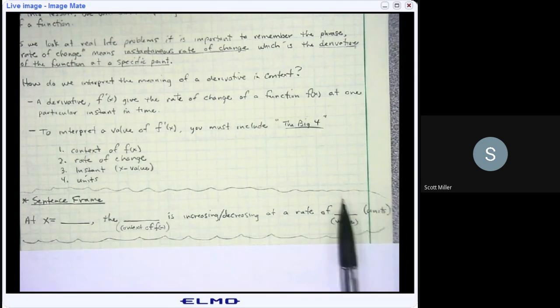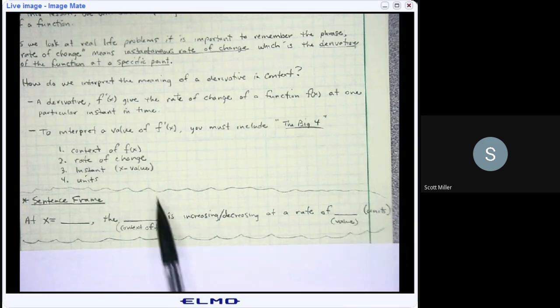Okay, so this would be the value of the derivative, and this is the units of the derivative. So this is the context of the story, increasing or decreasing. Usually if the derivative is positive, the function is increasing. If it's negative, the function is decreasing. So when the derivative is positive, the function is increasing. When the derivative is negative, the function is decreasing at a particular rate.